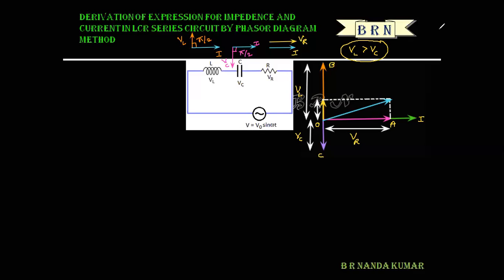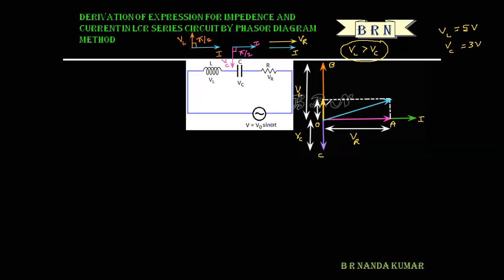For example, VL is equal to 5 volt, so VC is equal to 3 volt. VL is 5 volt, that is in the vertically upward direction. VC is 3 volt, that is in the vertically downward direction.